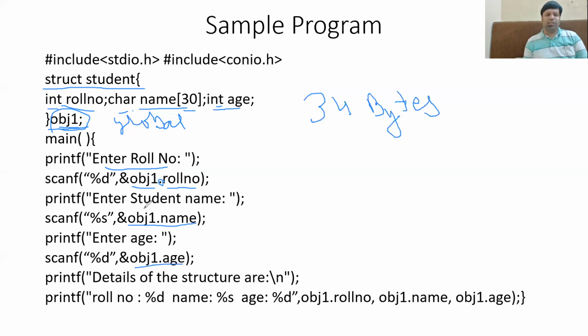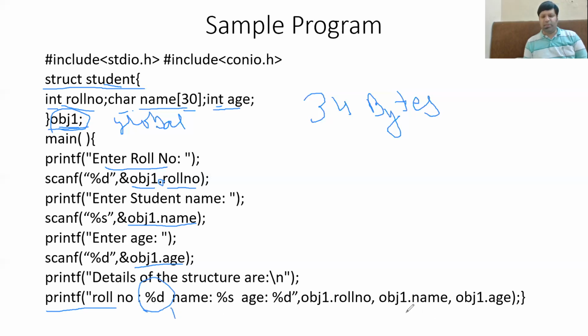So here, using these three statements, we are able to take the input of all the three data elements that belong to object 1 or obj1, which is an object of the student data type. And then using this statement, we are able to display the value of all these three elements. The first element is of integer data type, that is why it is %d.